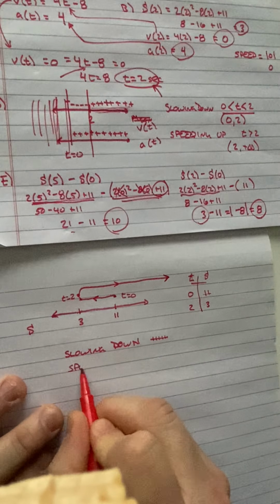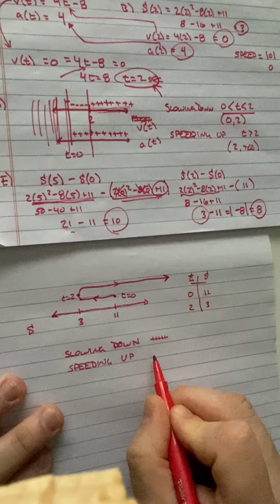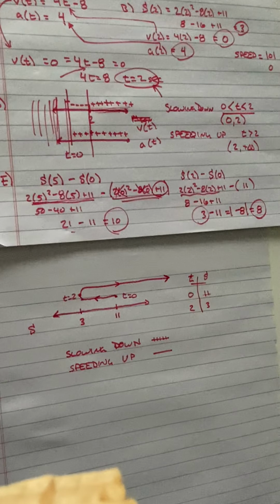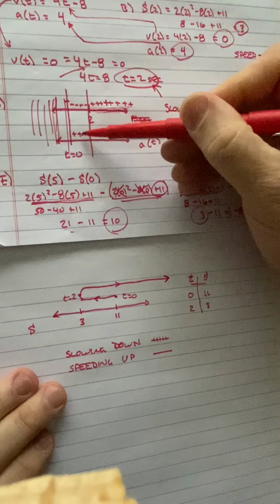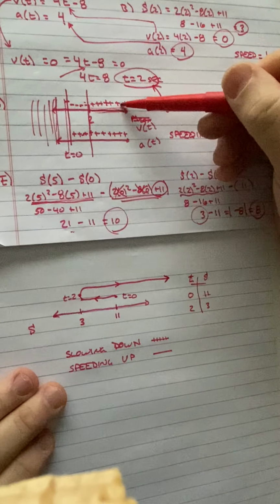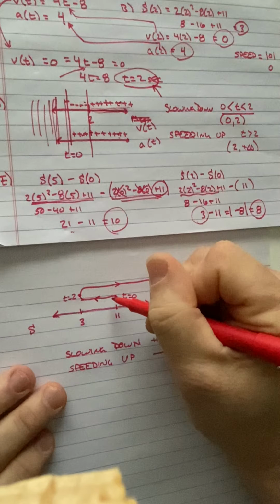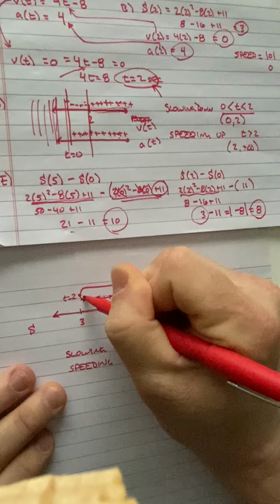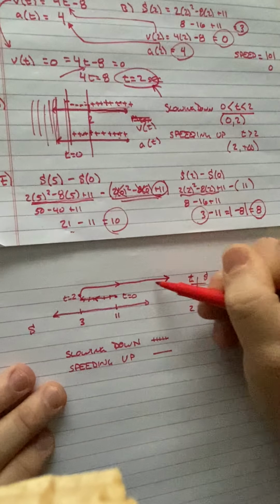And speeding up, in our book, speeding up is red, but for our legend, speeding up is going to be a solid line. So this is slowing down from 0 to 2 and speeding up from 2 to eternity. Does it make sense that something has to slow down before it stops? And then speeding up and never looking back.